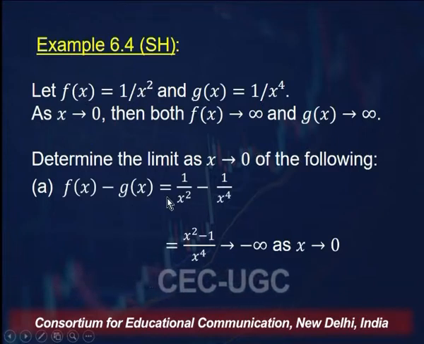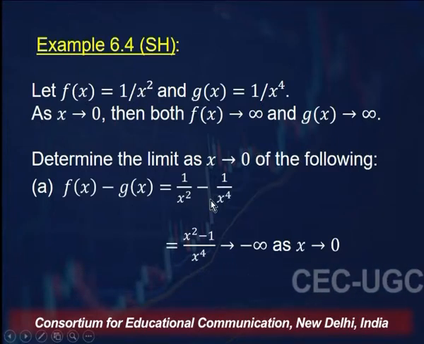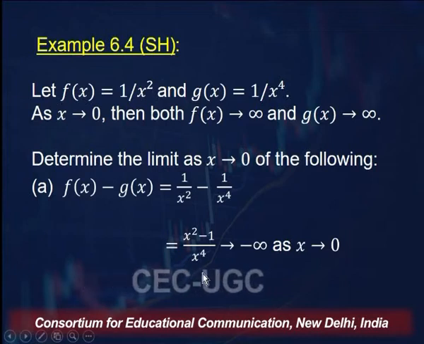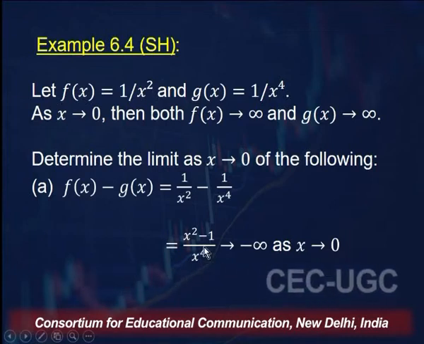So f of x is 1 by x squared and g of x is 1 by x to the power 4. When I take the difference, the LCM here is x to the power 4. That gives us x squared minus 1 in the numerator.